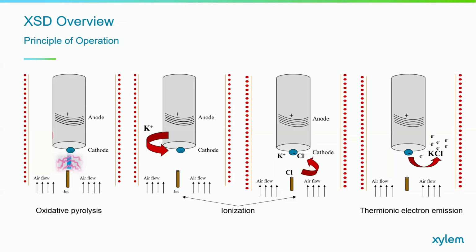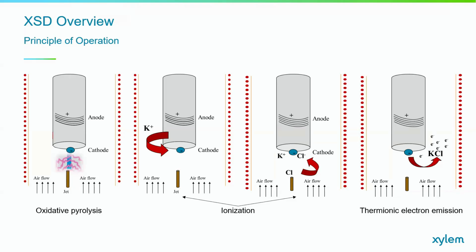And a common example of this is actually a vacuum tube that's found in radio tubes or old CRT televisions. In these devices, you have a filament that's heated by passing an electric current through it. The heated filament then emits electrons, which are controlled by electric fields and produce or amplify signals or display images. Really cool stuff. So those are the three chemical principles that are happening inside of an XSD.